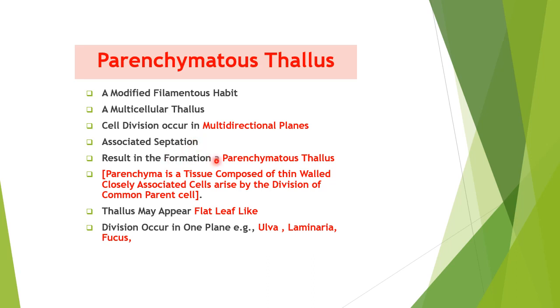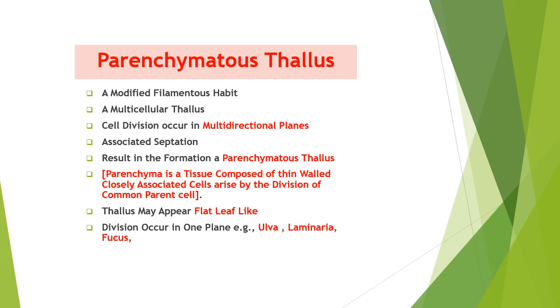This results in the formation of a thallus that is called the parenchymatous thallus. The thallus may appear flat and leaf-like, as you will see where division occurs in one plane: Ulva, Laminaria, and Fucus. These are macroscopic seaweeds, where you will find a leaf-like structure.